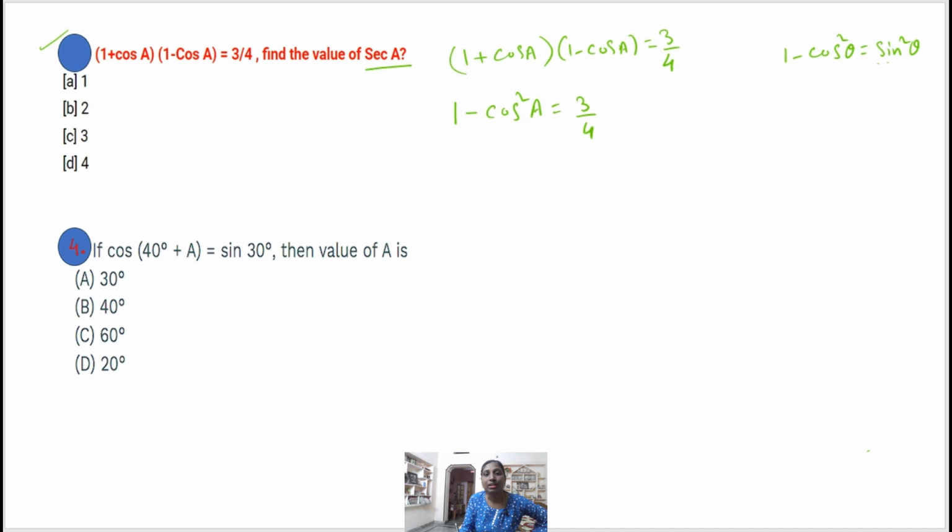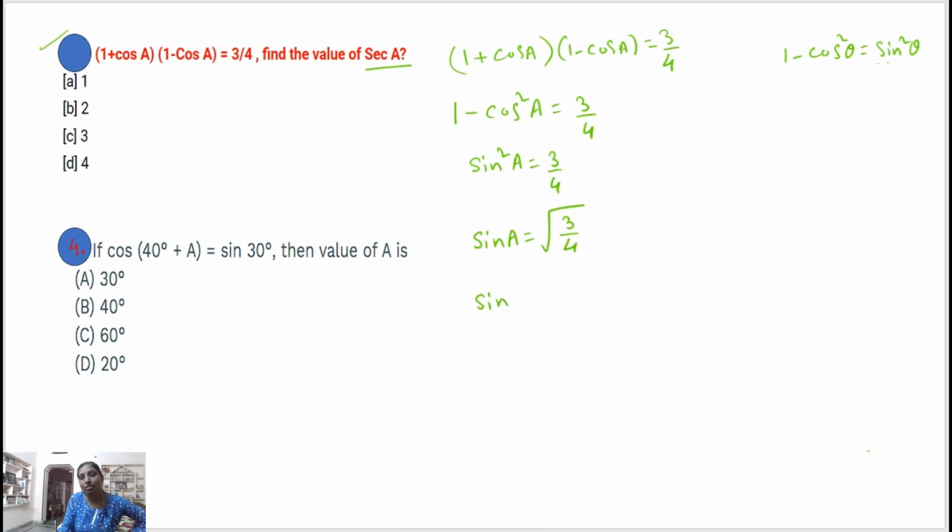So 1 minus cos square a can be written as sin square a is equal to 3 by 4. Now sin a will be root over 3 by 4. Now sin a is equal to root 3 by root 4. It means sin a is equal to root 3 by 2.